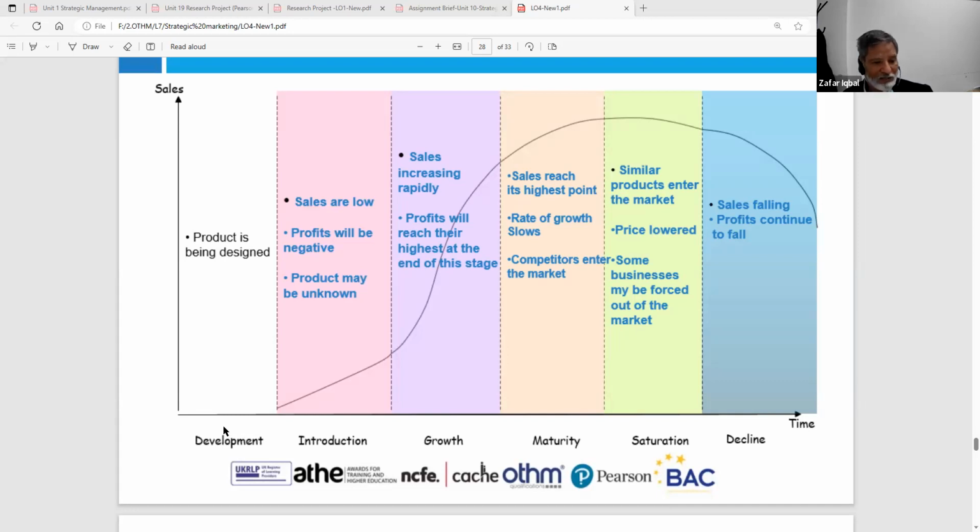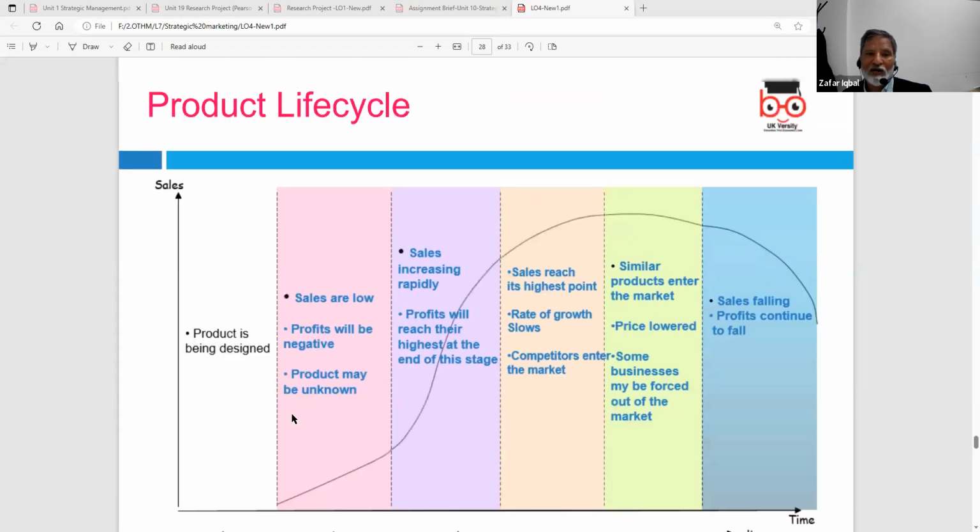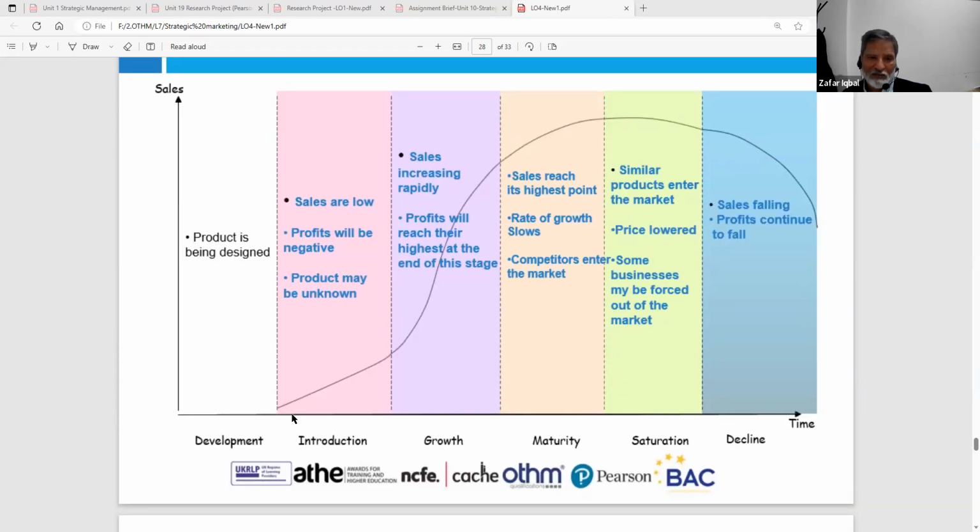So in the initial stages, the sales will be very low and the profits will be negative, and the product may be very unknown because it's a newer stage of production and introduction onto the market. People get to know it slowly and surely. So that's why the sales revenue are at a very low stage.